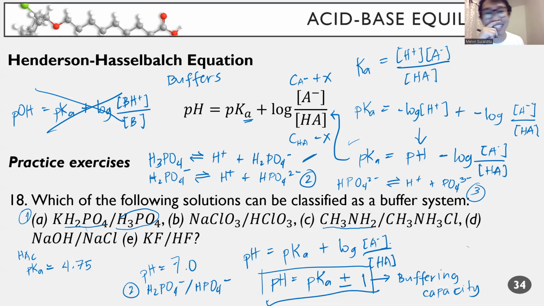Sabi ko, is looking at water and OH minus as the conjugate acid-base pair. Well, for that case, we have here the hydroxide ion. So strong base is sodium hydroxide. We can't make this a buffered solution. Okay?